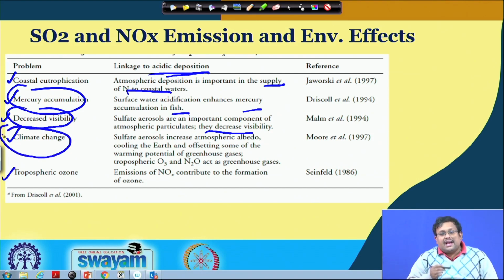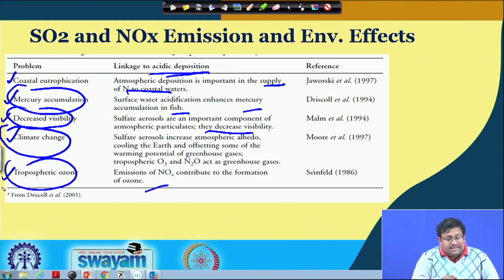So, acid deposition not only impacts the ecosystem, the terrestrial as well as aquatic life, it also impacts climate change. Also, emission of nitrogen oxides contributes to the formation of ozone, which produces tropospheric ozone.